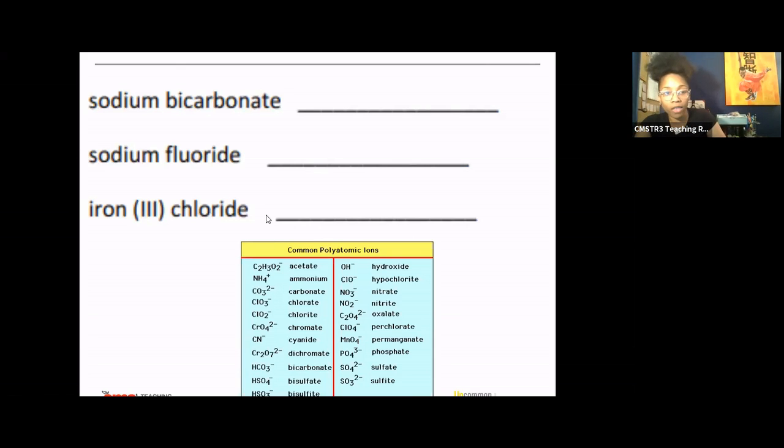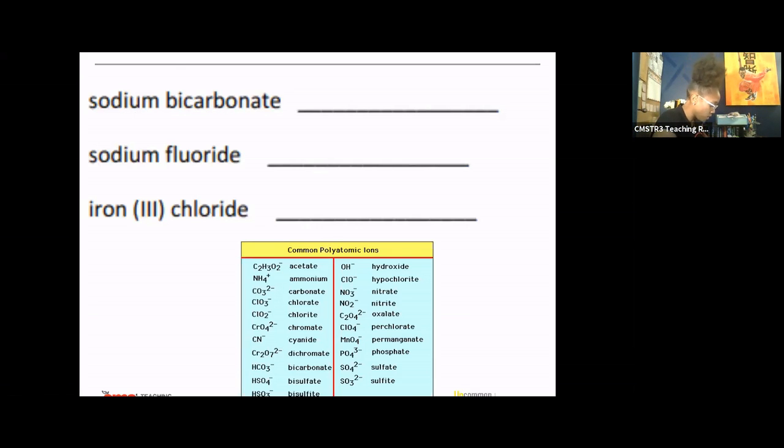Now, if I want to write the formula for sodium bicarbonate, I look at the first one, say sodium is a metal, bicarbonate is not a metal, so this has to be ionic. If it's a metal and something else, it's got to be an ionic bond, right? We just learned how to determine the oxidation number of sodium.